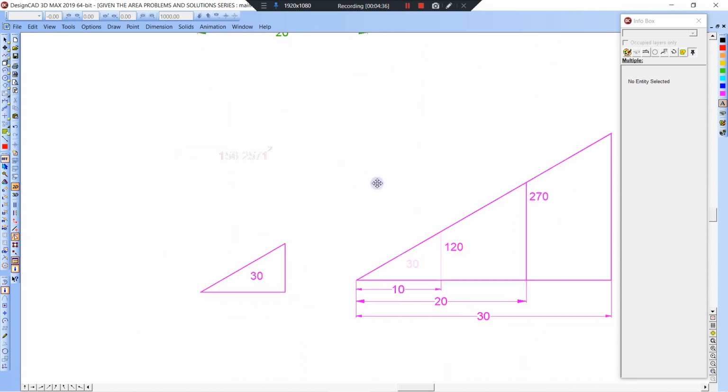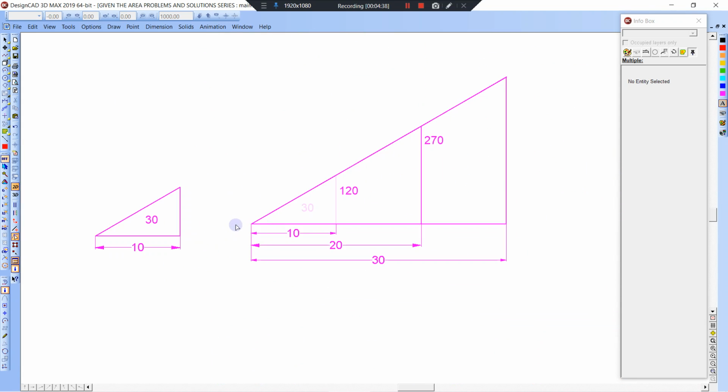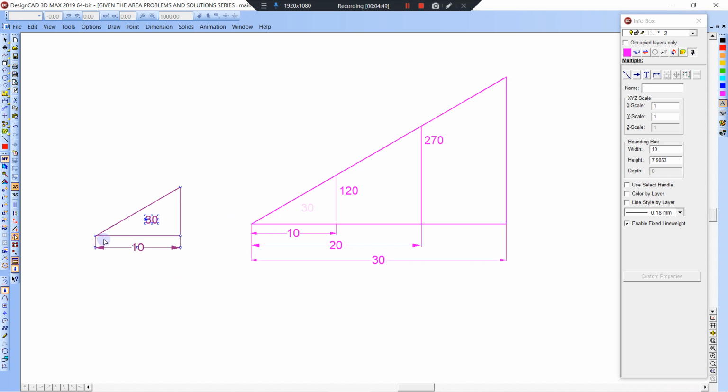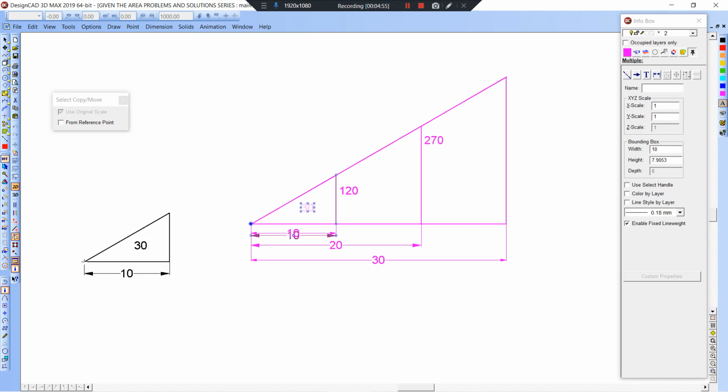And so here what we've got is a principle of area. It's a little difficult to see in screenshots, but I want to illustrate why, as the distance changes, the area changes by the distance squared.